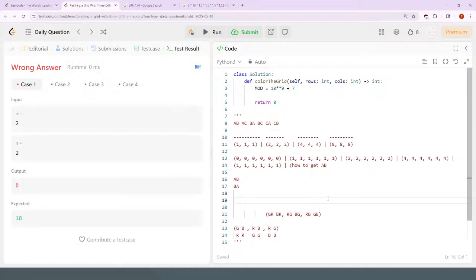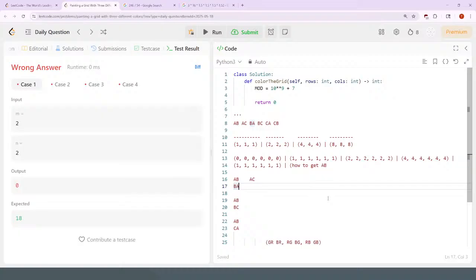AB, BA. A, B, B, C, A, B, C, A. Is that right? Am I missing one? No, okay, that's right.